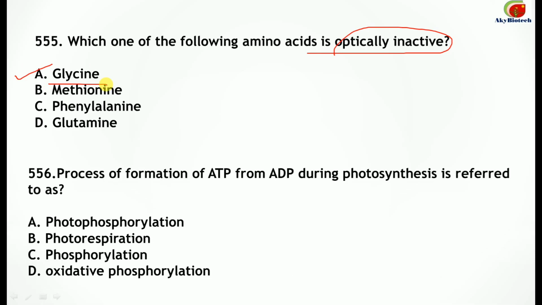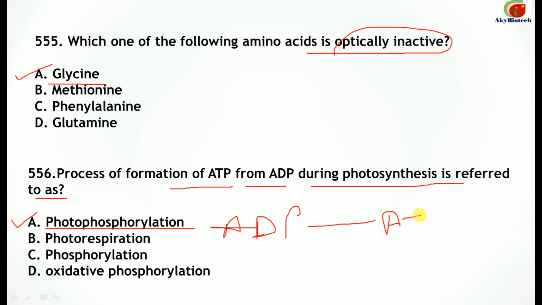Number 556. The process of formation of ATP from ADP during photosynthesis is referred to as photophosphorylation. This is the process of utilizing light energy from photosynthesis to convert ADP to ATP.